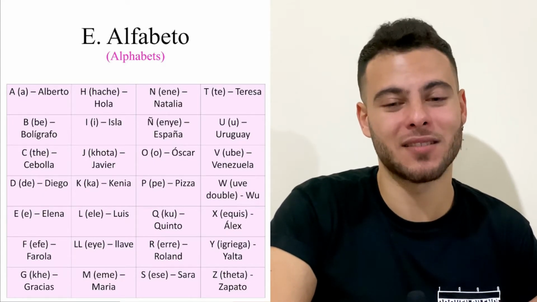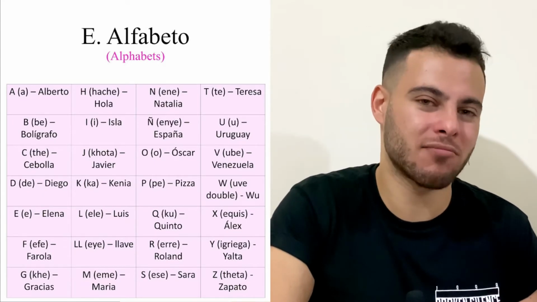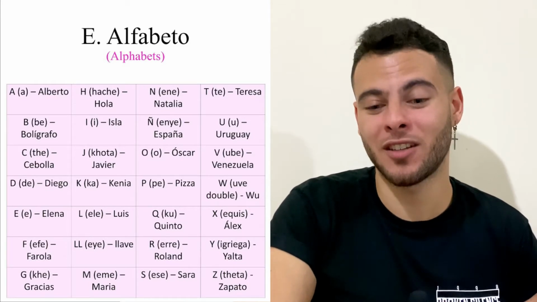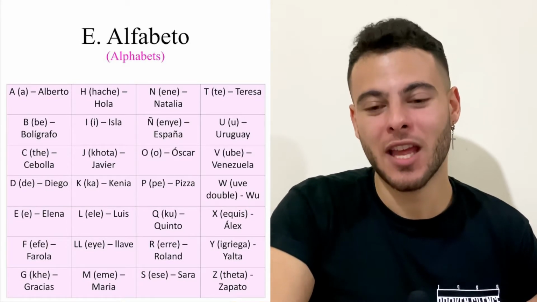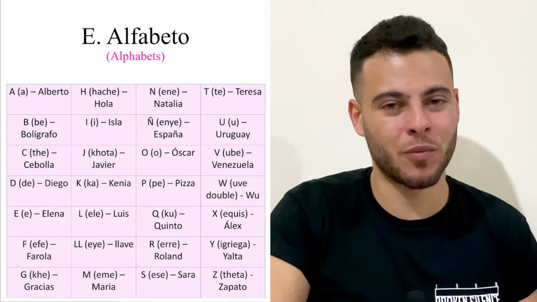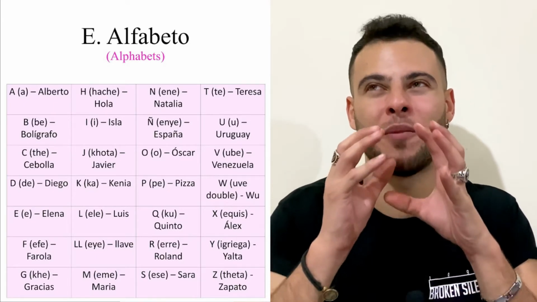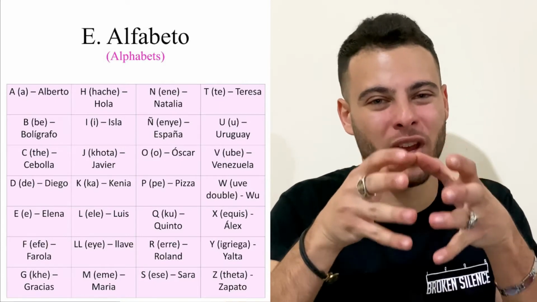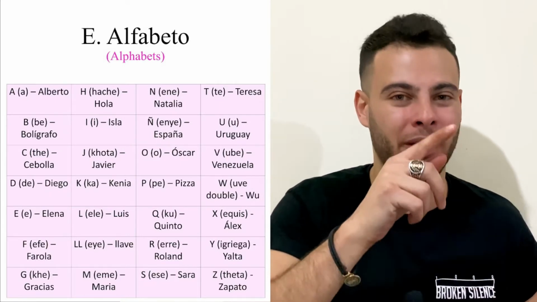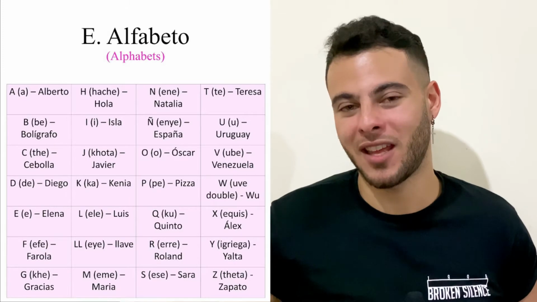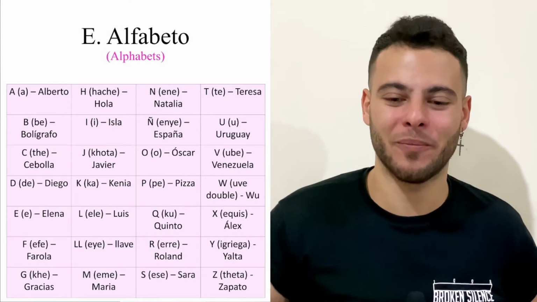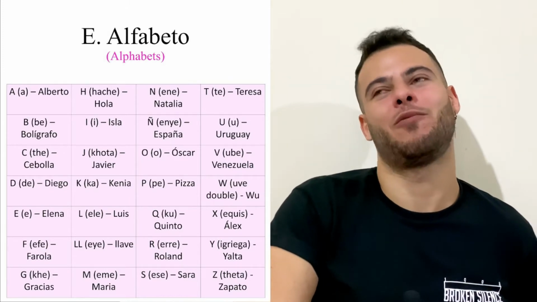X. X como Alex. Y como y alta. Here the difference, as I said before, between the double L and the Y is that you have to put a bit more focus and stress on the double L. It's llave y alta. And the Z. Well, here we go.